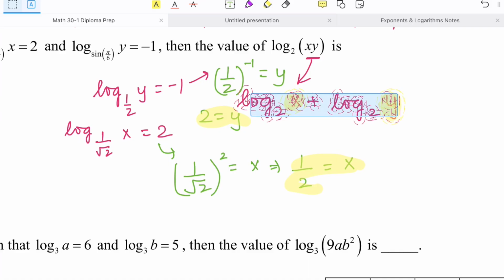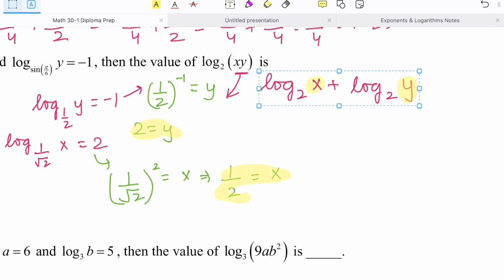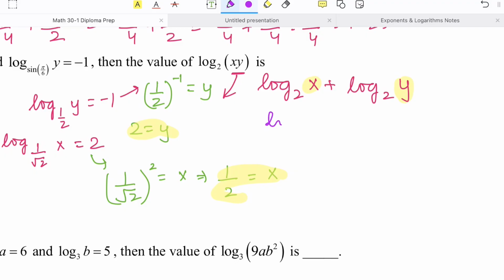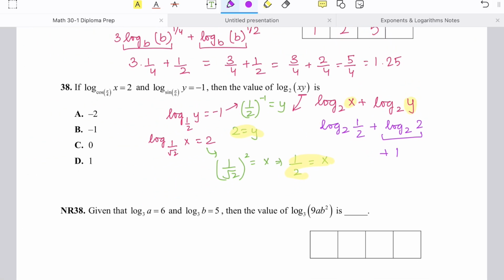Log base 2 of half plus log base 2 of 2, we know same base, is going to be 1, and log base 2 of 1 half is going to be -1. So that means my answer is going to be 0.